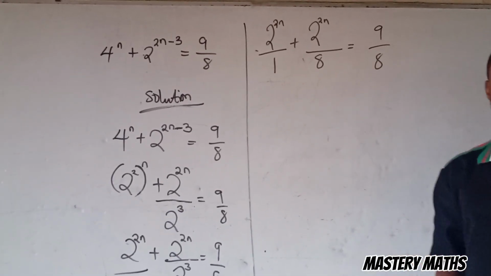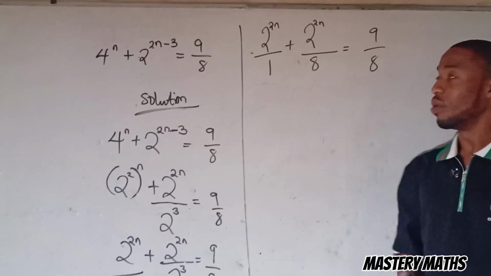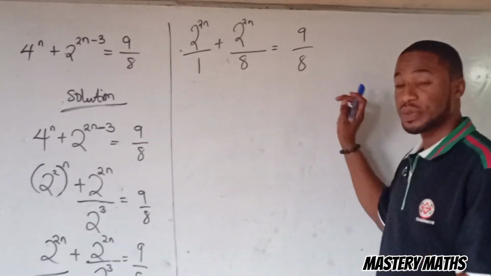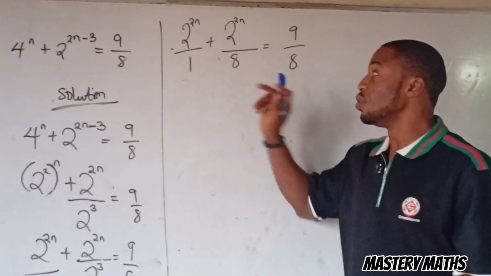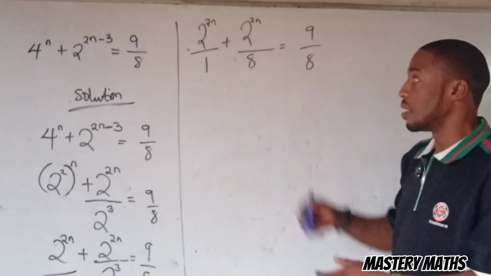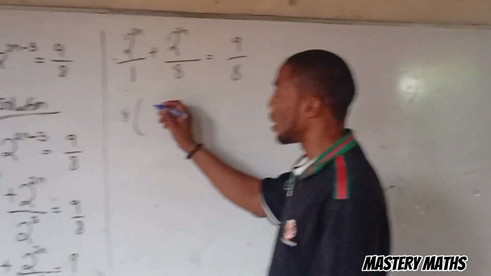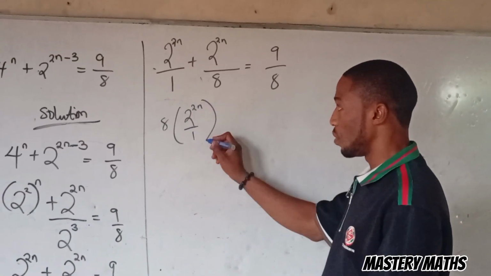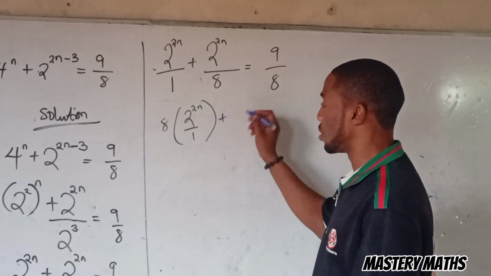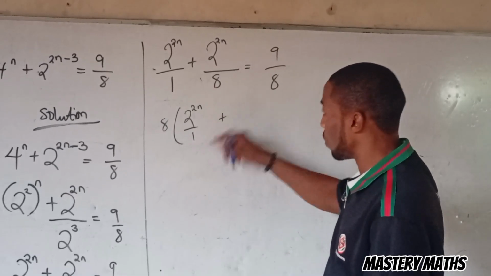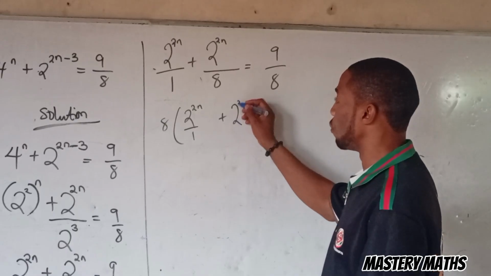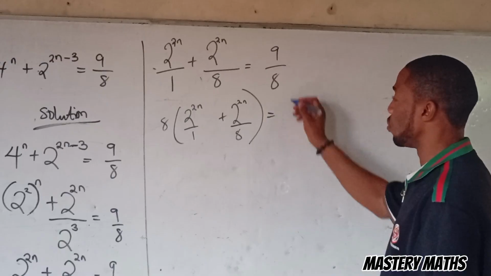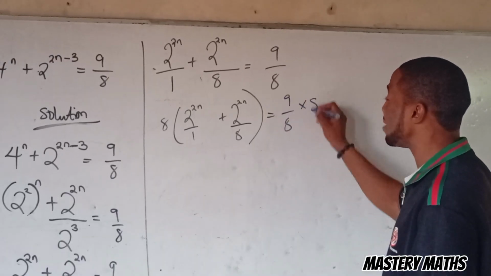Now, having gotten 8 as the LCM, we need to eliminate the denominators. To do that, we use the LCM to multiply through. The LCM we've gotten, which is 8, we use it to multiply through. Now, it becomes 8 bracket 2 raised to the power of 2n over 1, plus 2 raised to the power of 2n over 8, close the bracket, then equal to 9 over 8 times 8.